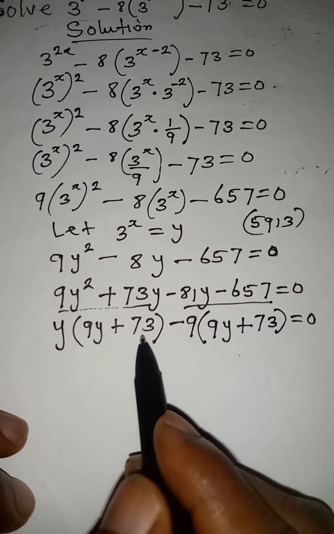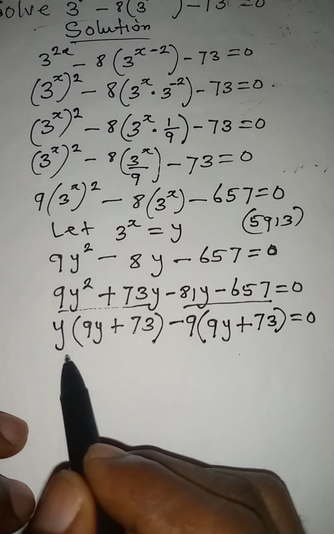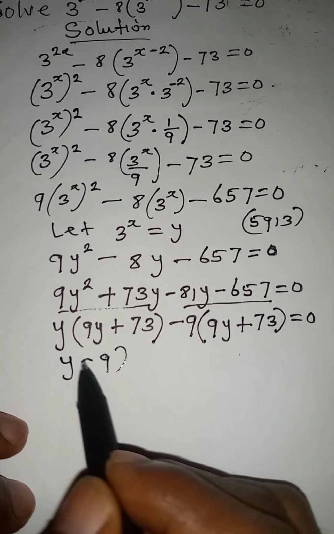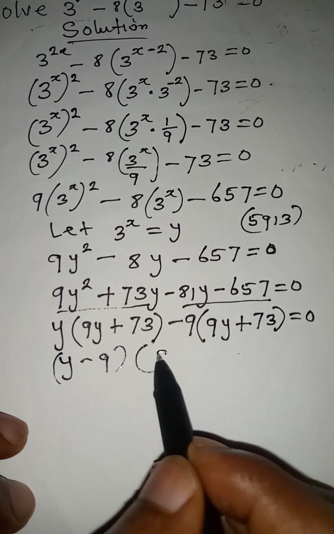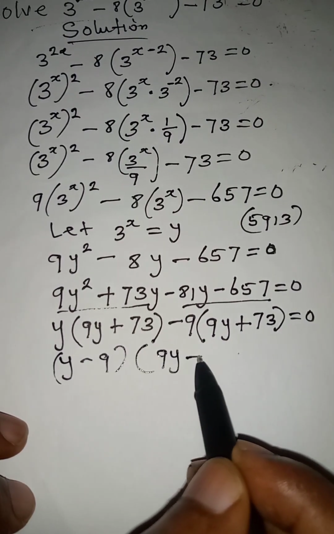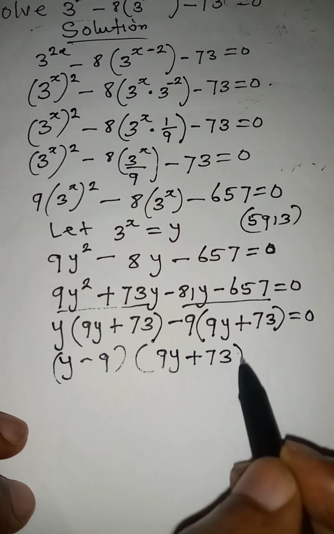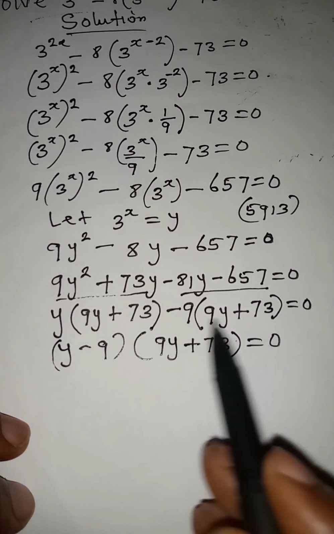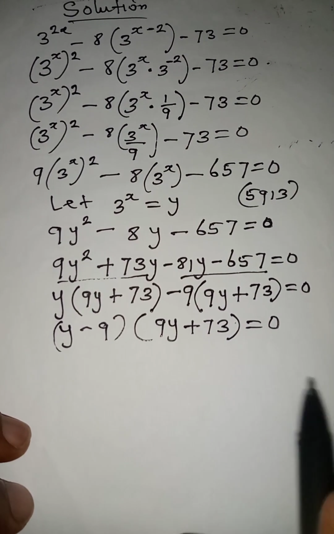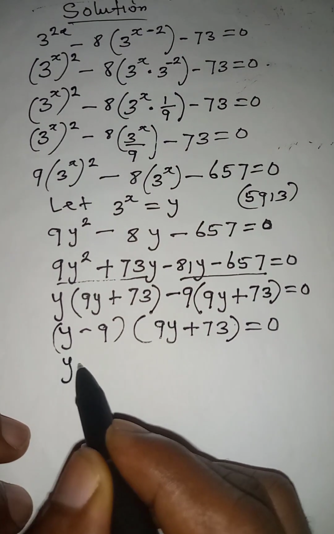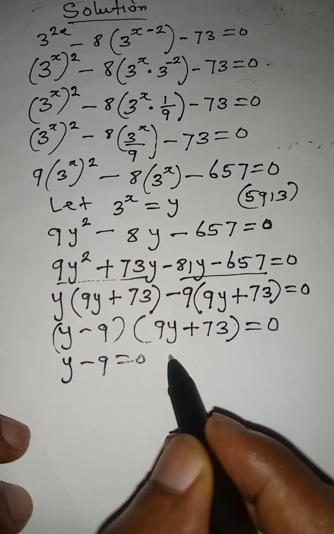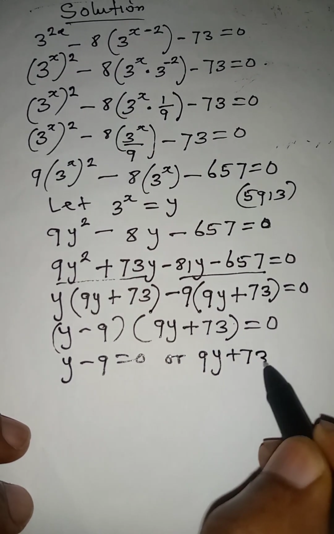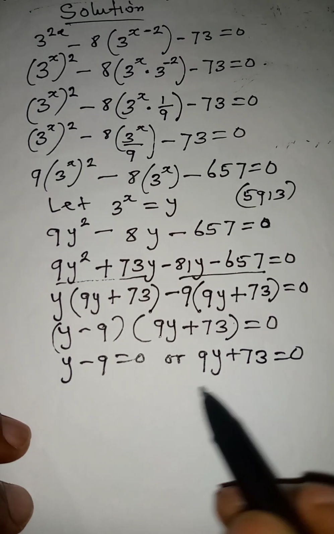From here, we now have the same thing in the bracket, so I can say that y minus 9 or 9y plus 73 is equal to 0, meaning that either of these two or both of them are equal to 0. So I can say that y minus 9 is equal to 0, or 9y plus 73 is equal to 0.